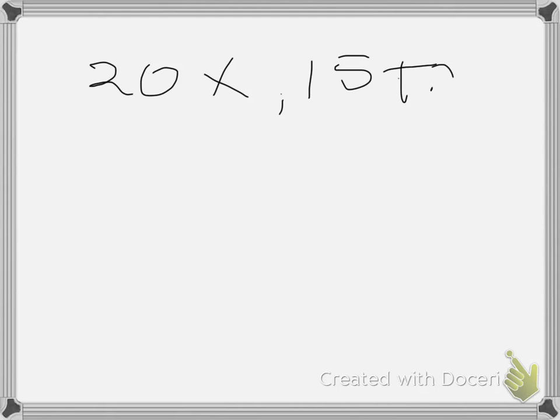So let's move on. Determine the cost or selling price to the nearest tenth. If you look at number 10, you have a $20 haircut, 15% tip. You want to know the selling cost. So you're going to get the $20 times 0.15. Once you multiply that, that's for the tip.